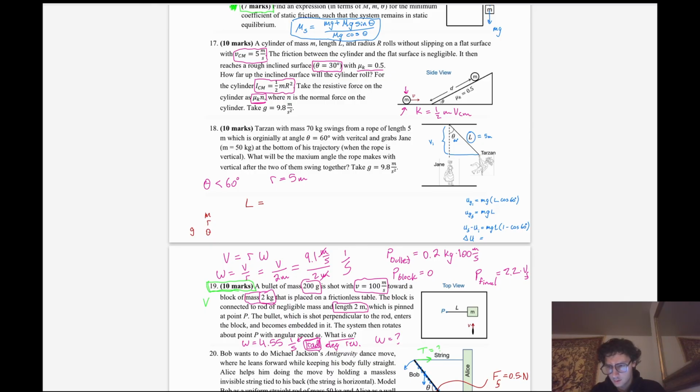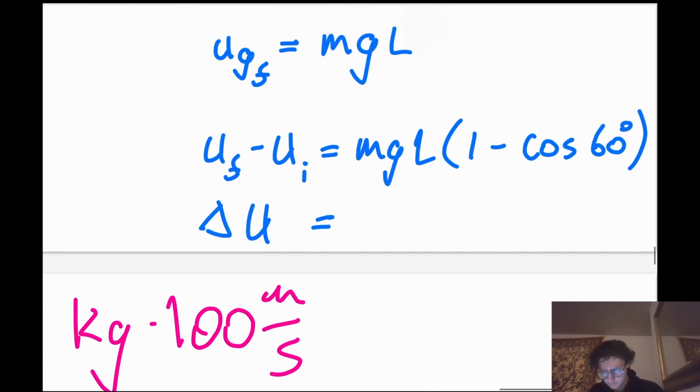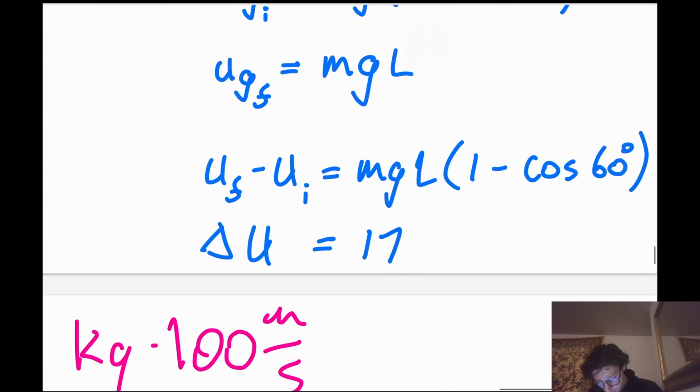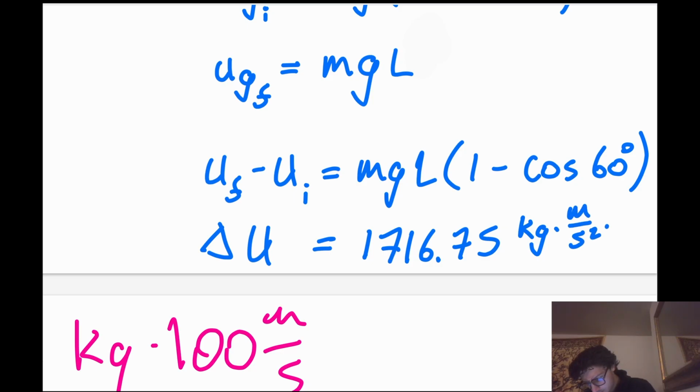Oh my goodness, this is a lot. 1716.75. And what are the units here? This is kg times meters per second squared times meters.